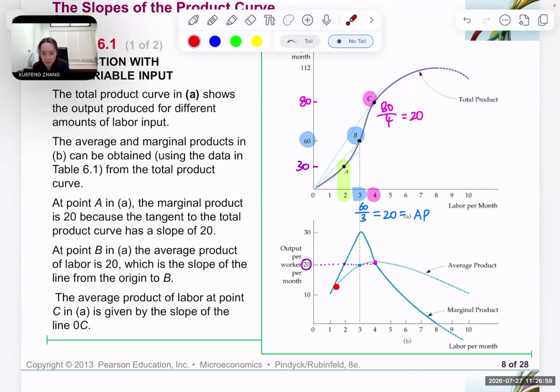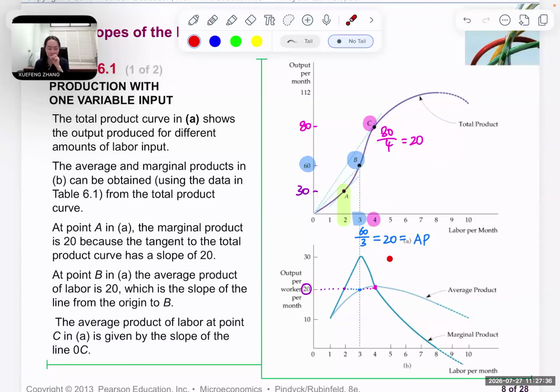And average product peaks slightly later, around L equal 3 or 4, which means average product is 20, and then declines. Marginal product crosses average product exactly at average product's peak, this point. This relationship is always true and is the safe, reliable takeaway for the graph, regardless of exact point location.